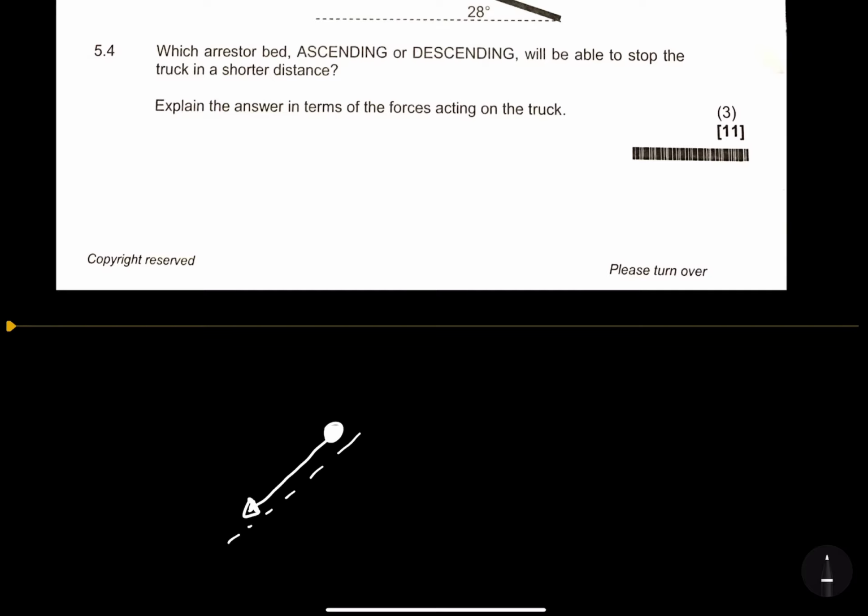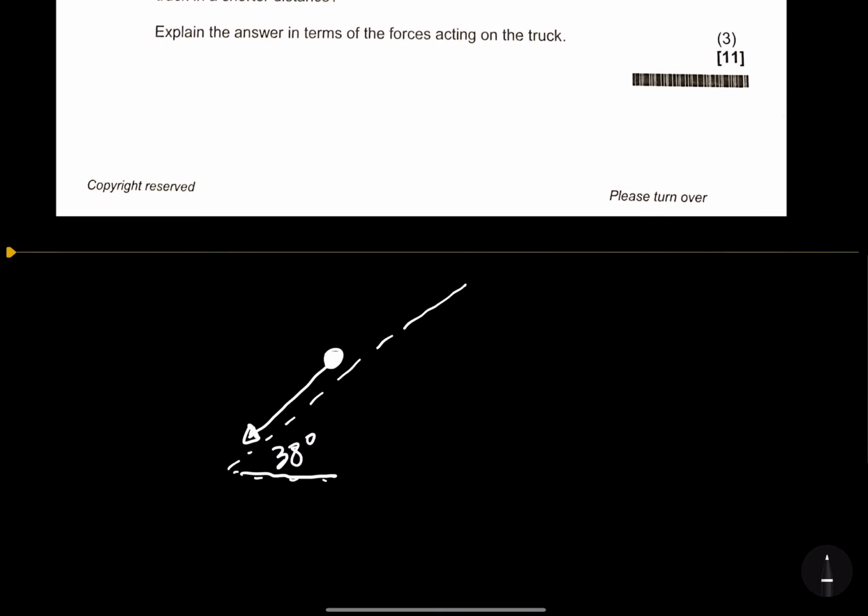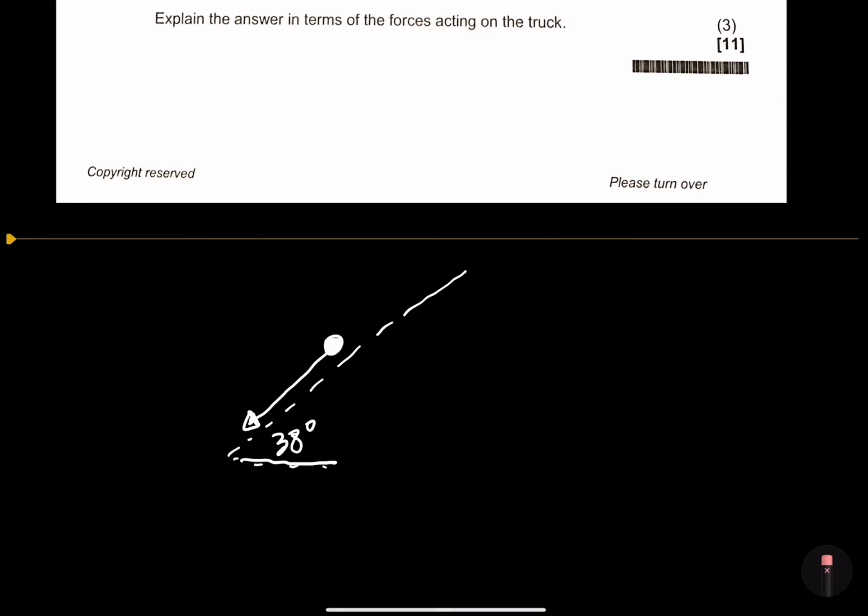Let's say this was our incline, which was at 38 degrees, if I remember correctly. 28 degrees, sorry. Malume is getting old. So that is 28 degrees. We want the length of this incline surface, which is over here. So we want that delta x there.